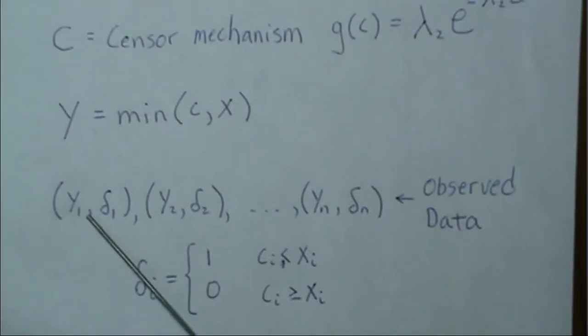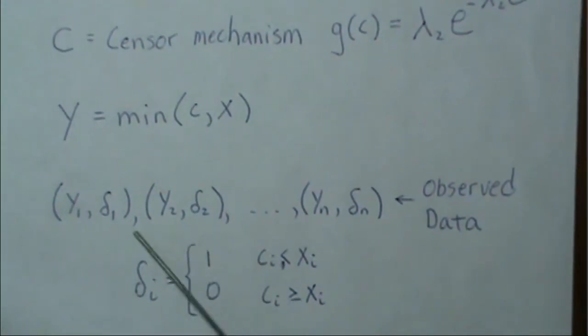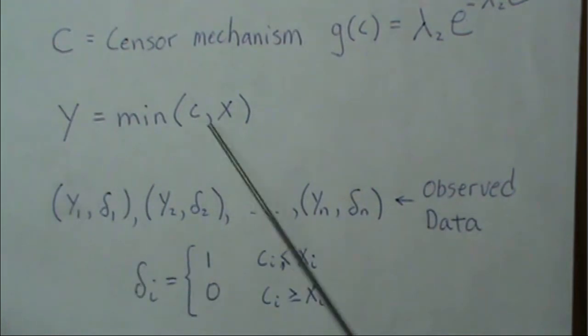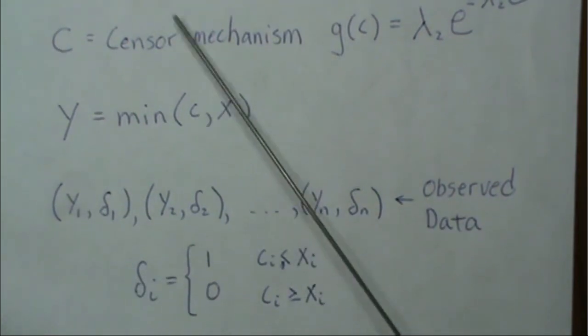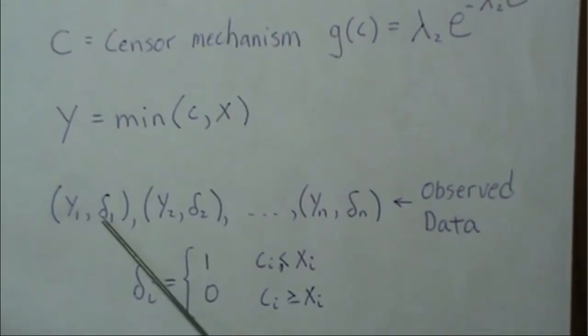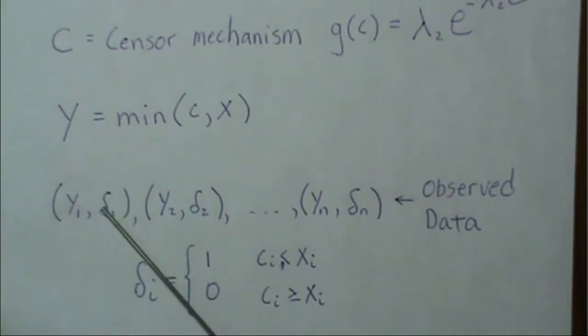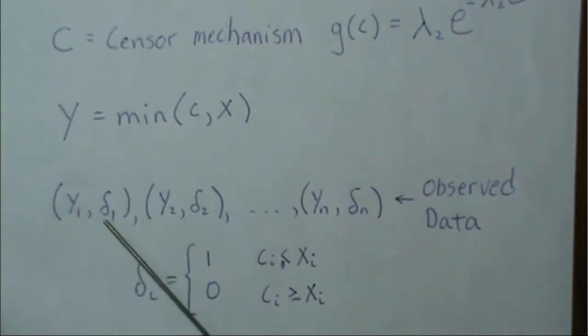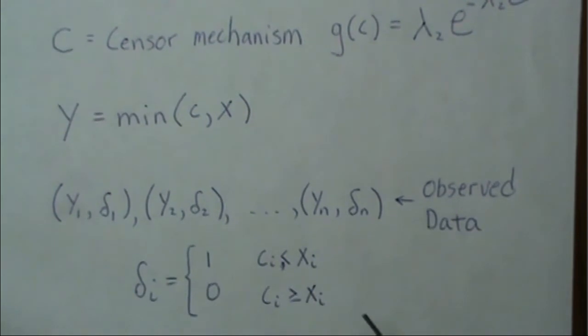And then we carry around these ordered tuples, these pairs. This is the minimum of the failure time or the censoring time. And then we also have an indicator of whether it was censored or not. And that's what this is.